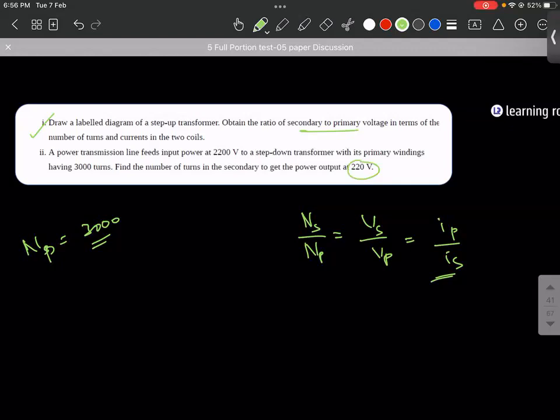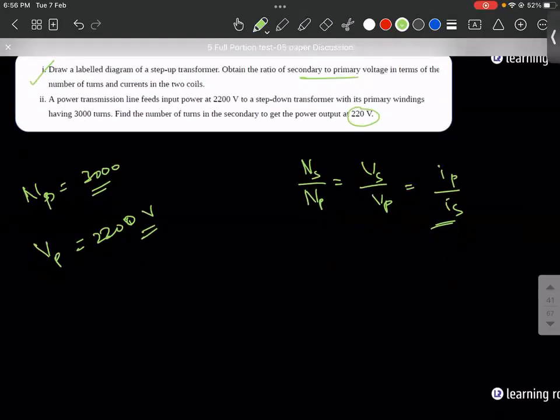Now the primary voltage is 2200 volt to a step-down transformer. Calculate the number of turns so as to get the secondary output as 220 volt.